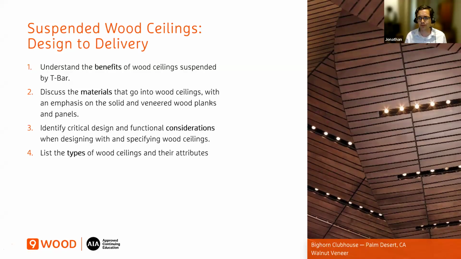And then we'll also cover some critical design and functional considerations like access, acoustics, and then we'll go through the different types, aesthetics, and styles of wood ceilings that are available through all the manufacturers in our industry, and look at their strengths and weaknesses in a way that hopefully is helpful and informative if you're designing or specifying a wood ceiling.